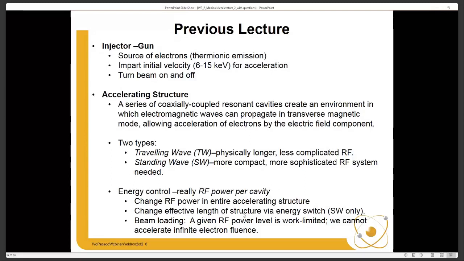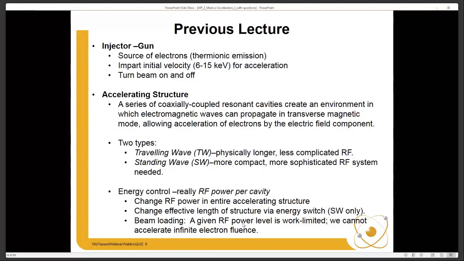We can change the effective length of the structure, if we happen to have a standing wave accelerator, by using an energy switch, which effectively turns some length of the structure into a drift tube. Another way we control power is by what's called beam loading, and that is because a given amount of RF power does not provide us an unlimited work function.